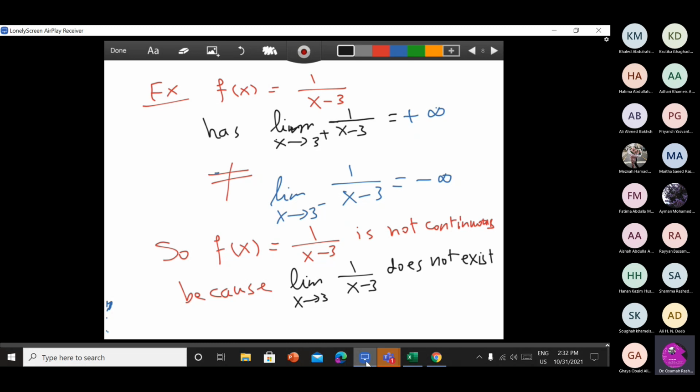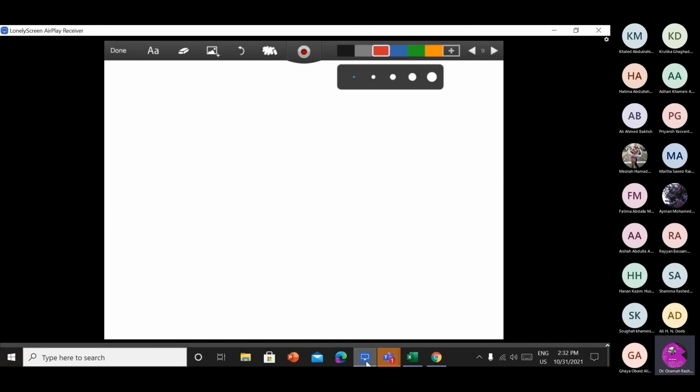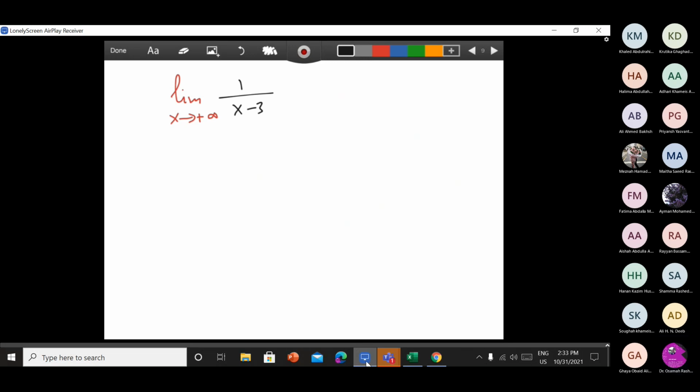What about infinity for the same function? The limit when x tends to positive infinity for the same function 1 over x minus 3 goes to 1 over infinity, which is 0.